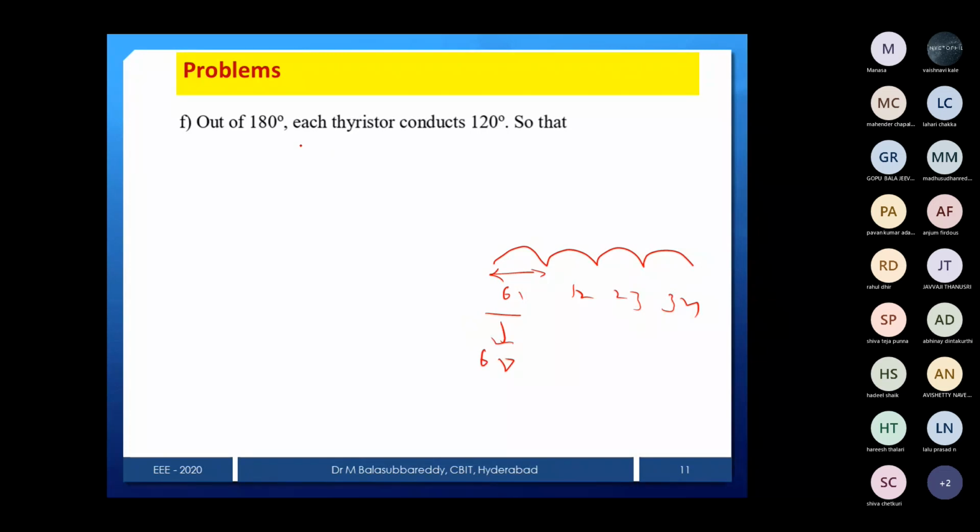But what they mention is each thyristor. So each thyristor means, if I take any one full cycle, one is conducting here and here. This is 60 degrees, here is 60 degrees. That means 120 degrees. Or 2 here and here, 3 here and here. That means 60 and 60. Each device is conducting 120 degrees.